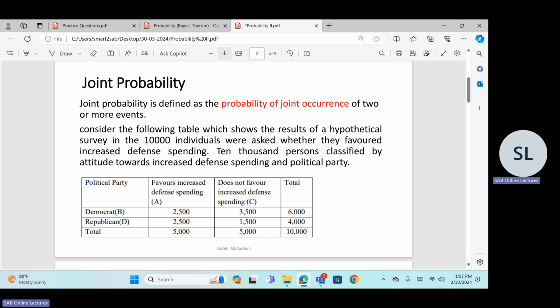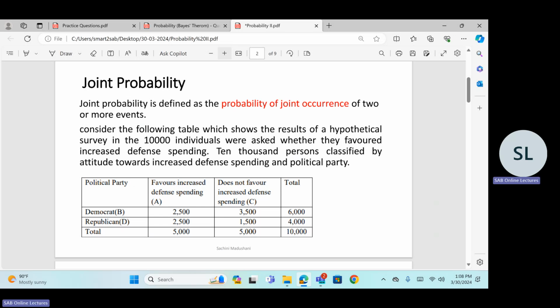What are they? Political party, and another one is increased defense spending. Okay, these are two categorical variables, and these are the results of that hypothetical survey.